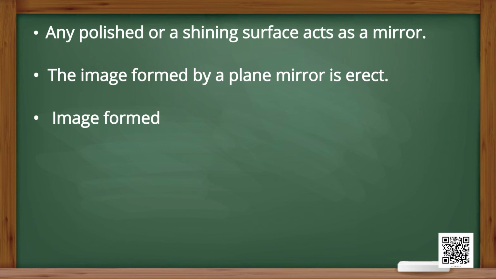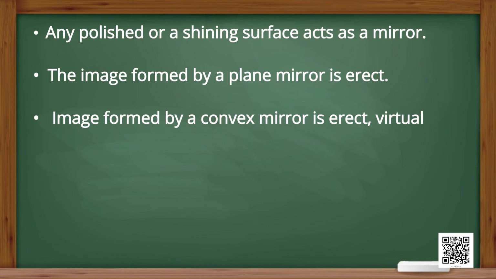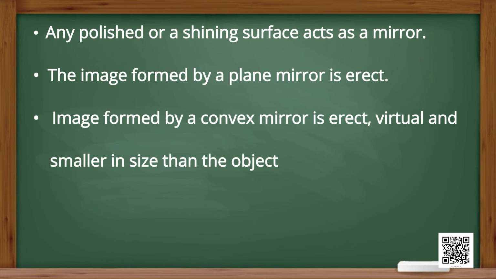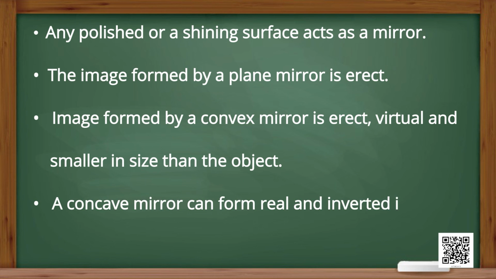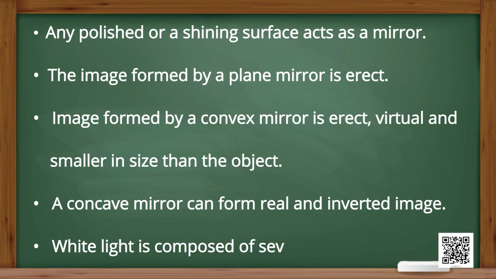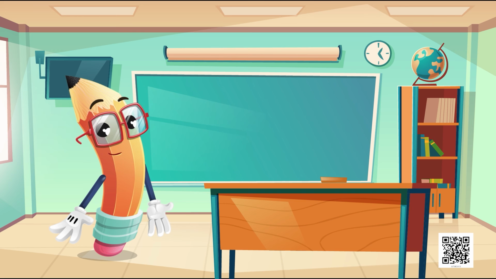Image formed by a convex mirror is erect, virtual and smaller in size than the object. A concave mirror can form a real and inverted image. White light is composed of 7 colors.